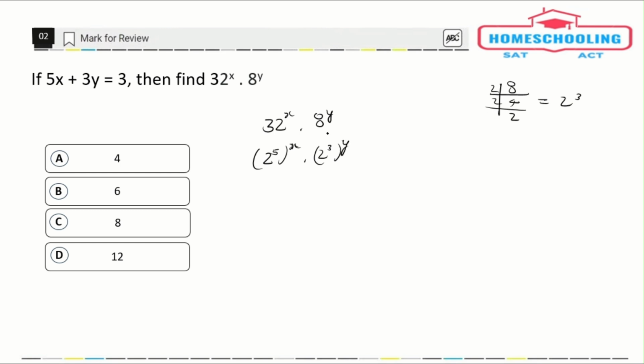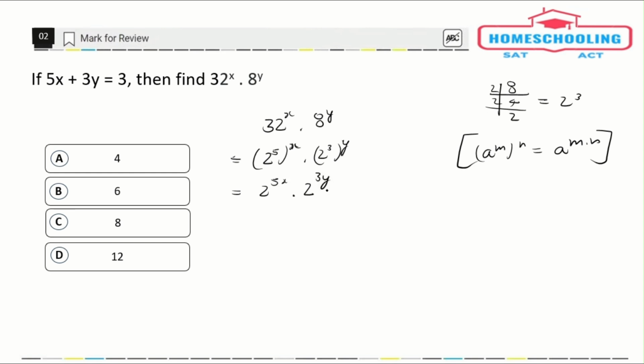Now you tell me, which rule of exponent are we going to use here? We are going to use the power of power rule, that is, a to the power m whole to the power n is equal to a to the power m into n. So by using this rule, we get 2 to the power 5x into 2 to the power 3y.